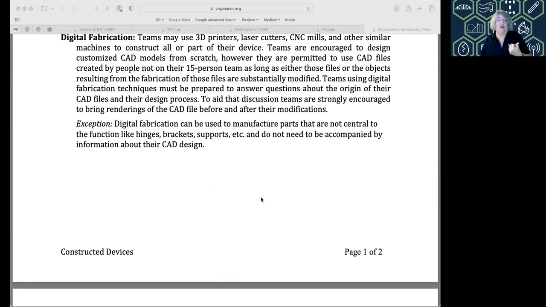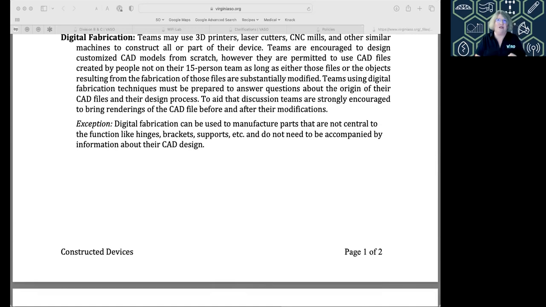We do have an exception though. With digital fabrication, we don't care if it's a little minor part of the device, like a hinge or a bracket. They'll want to mention it briefly in the design log that they used it, but we don't need the same whole discussion. We consider that the equivalent of going out and buying a hinge or a bracket.